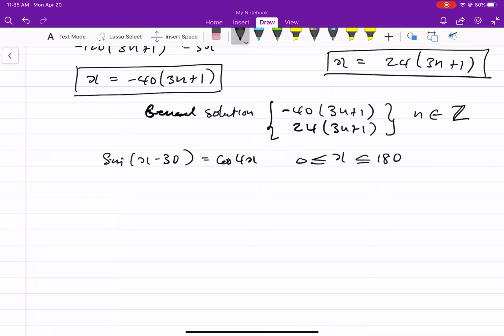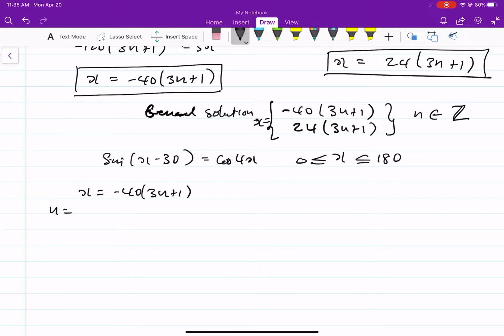If you look at the first one, you clearly can't put positive values or 0 for n into the first one because you're going to get negative angles. I want only positive angles between 0 and 180. So I want to start off with my first negative value of n. So x is equal to minus 40 into 3n plus 1.